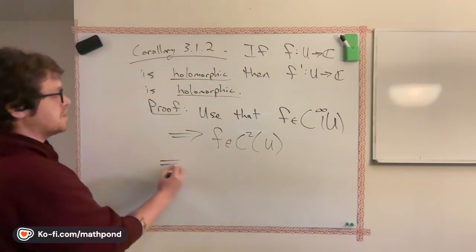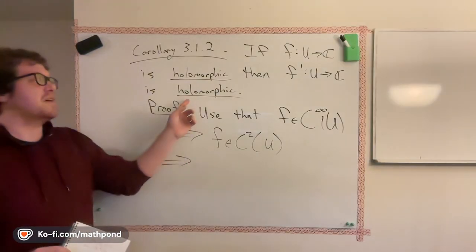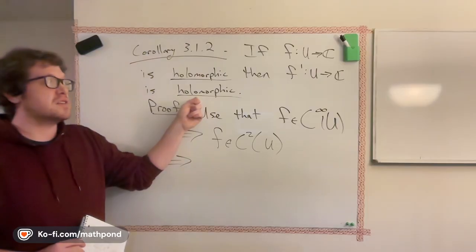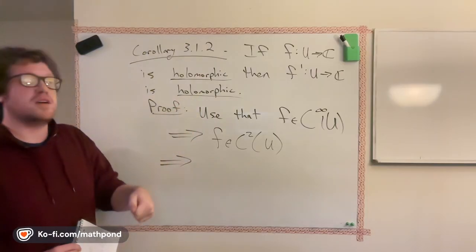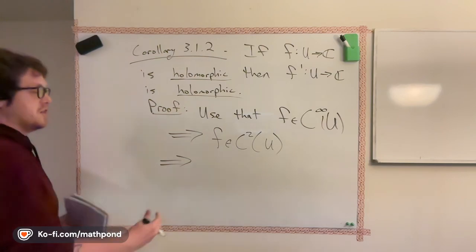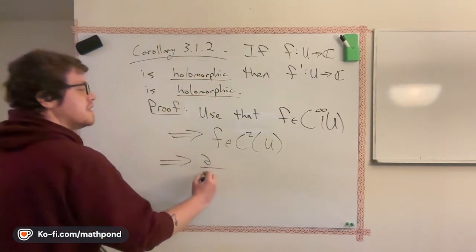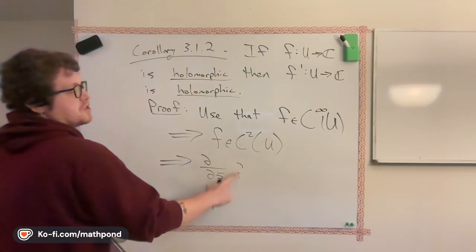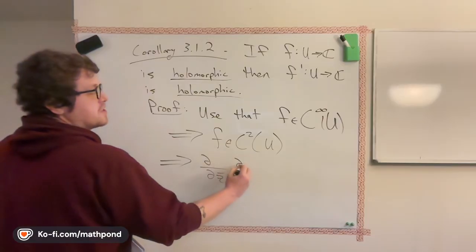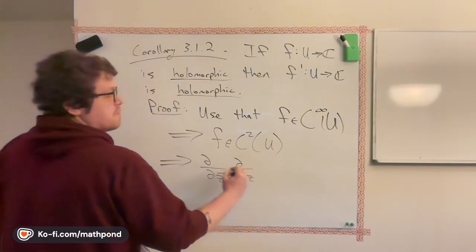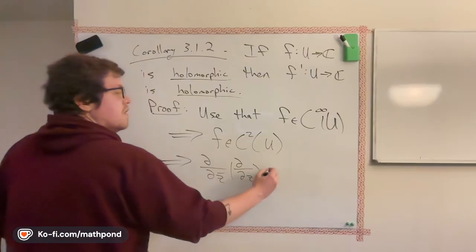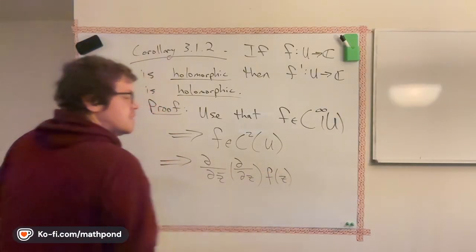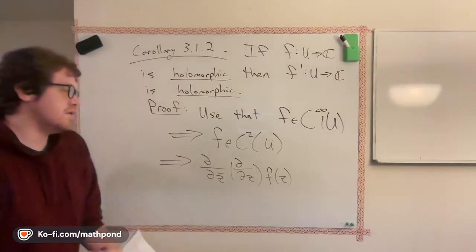The definition of holomorphic is that the derivative with respect to z bar is 0 for the function. So we want to show that d/dz bar of f prime is 0, where f prime is just the derivative with respect to z. They go over this earlier in the book. So we want to show that this is 0.